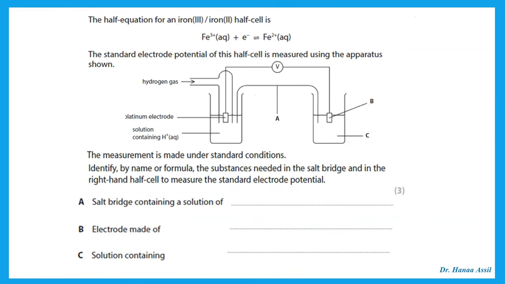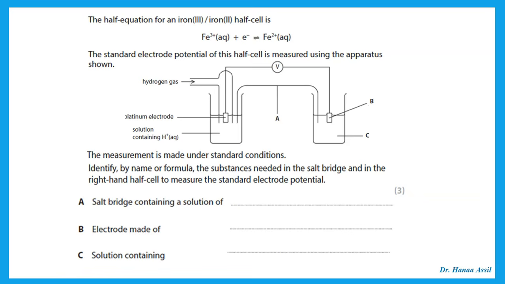This was another question where we're given the hydrogen electrode half cell and another half cell. We're told that the other half cell has iron 3, iron 2, so iron 3 going to iron 2 plus. The measurement is made under standard conditions.